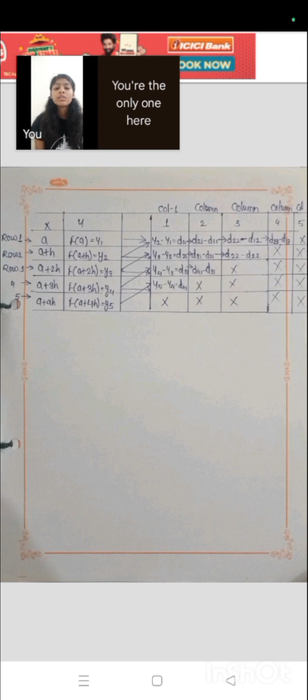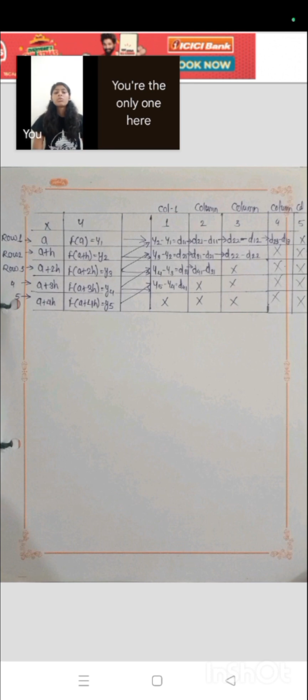In the third row, f of a plus 2h, which is y3. In row 4, a plus 3h and f of a plus 3h is equal to y4. In the fifth row, a plus 4h and f of a plus 4h is equal to y5.